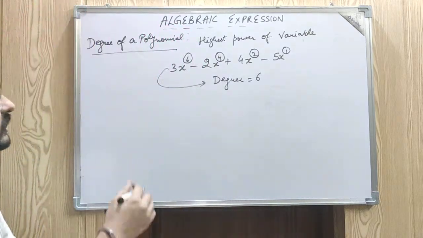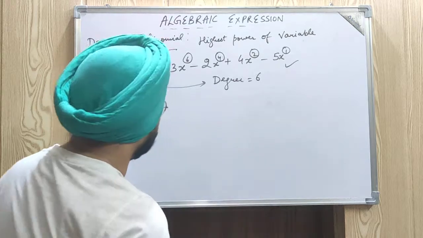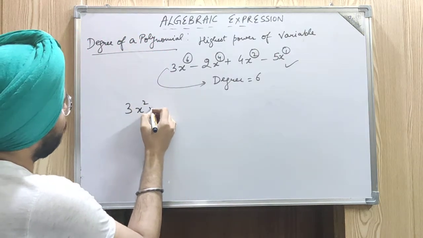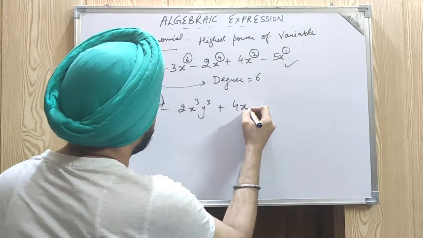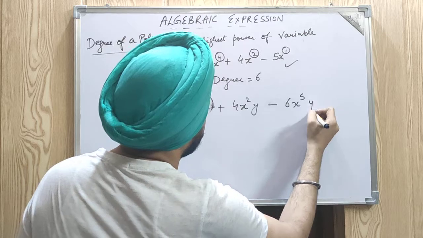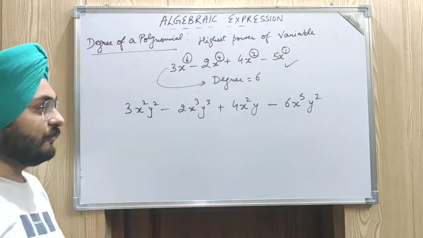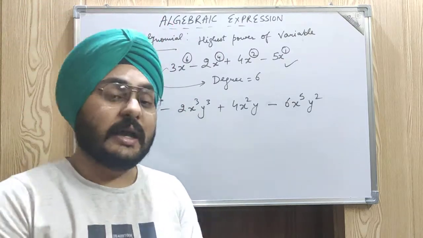Coming to the next. This one was a polynomial in one variable, but now we come to two variables: 3x square y square minus 2x cube y cube plus 4x square y minus 6x to the 5 y raised to power 2. From here we have to find the degree. Again see the powers.